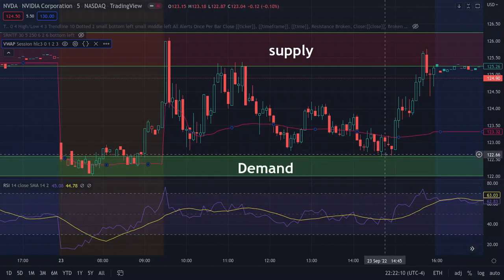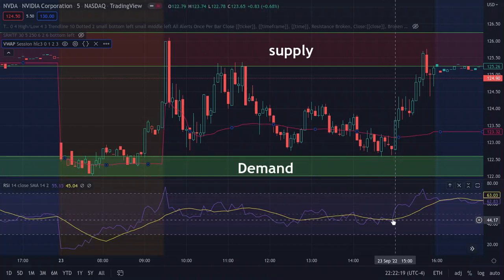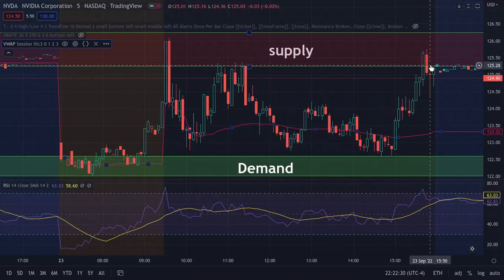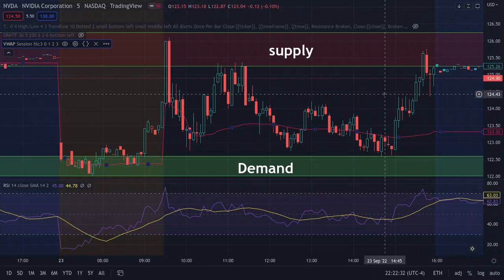We see that it came here into this demand zone. We would have an indicator that would alert us, hey, we're coming close to our demand zone. We check our RSI, and our RSI is about 43. So it's a little oversold, and it traded right back up into this supply zone.